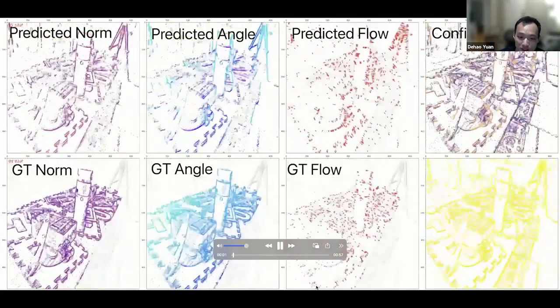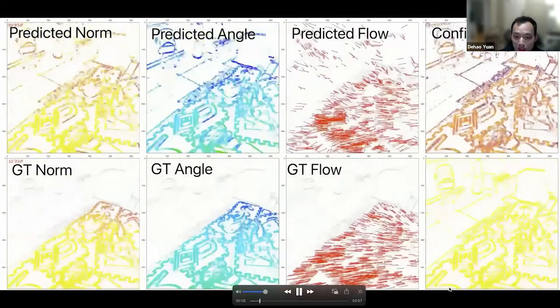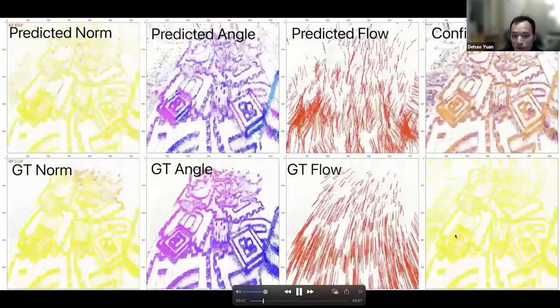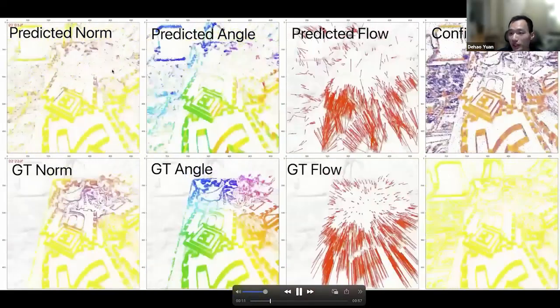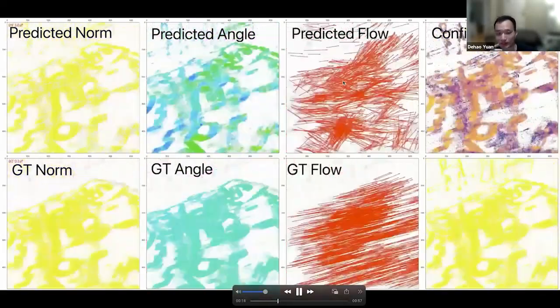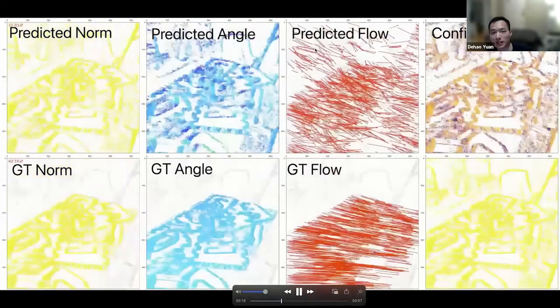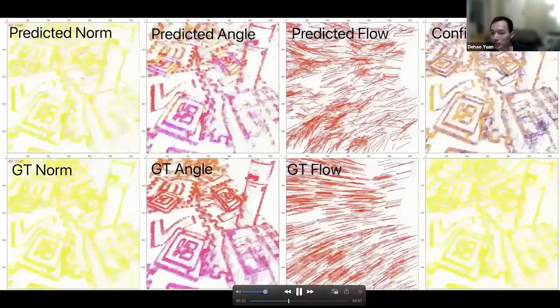In this video, on the bottom is the ground truth optical flow, and on the top is the predicted optical flow. This is the norm, this is the angle, this is the flow, and we also have a confidence measurement.